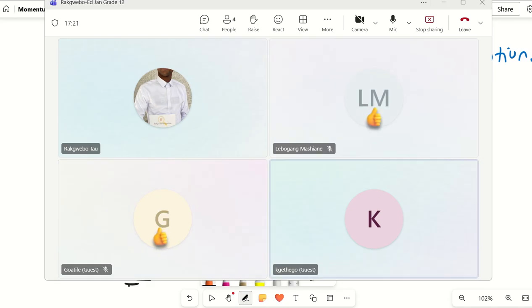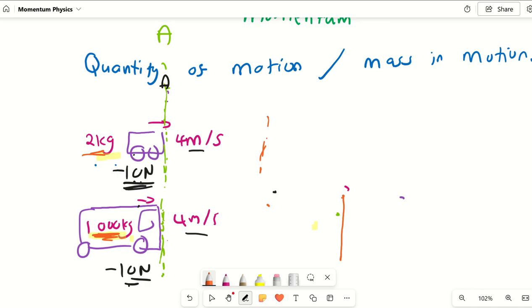Now this is due to the mass, despite the fact that they are moving at the same velocity. The scientific word for describing that phenomenon is momentum, mass in motion. Both of them are moving at the same speed, but the bus has more quantity in motion.